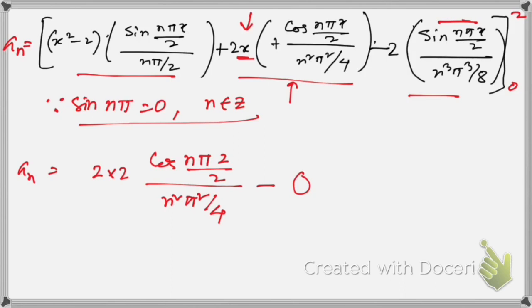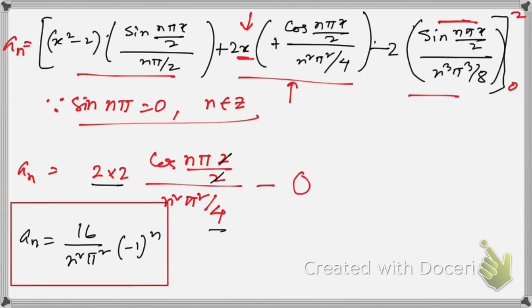Then 2 times 4 over 4, that's going to be 16 over n²π², and here 2 cancels, cos nπ is (-1)^n. That is what we will get. So this is the value of an we have got, right?